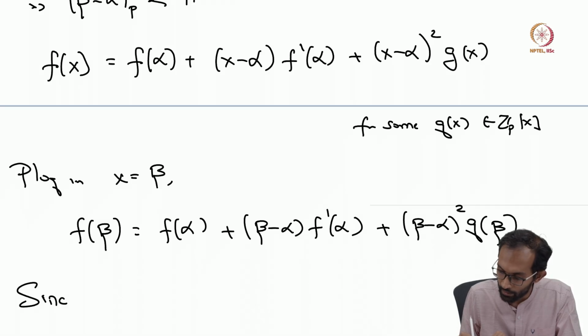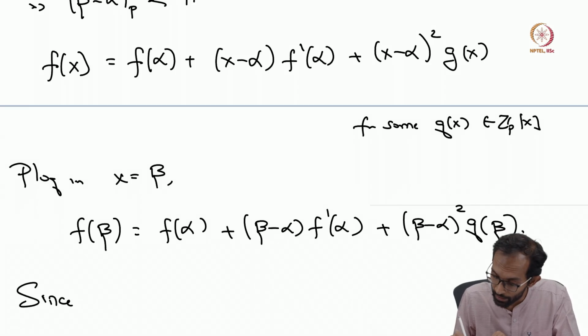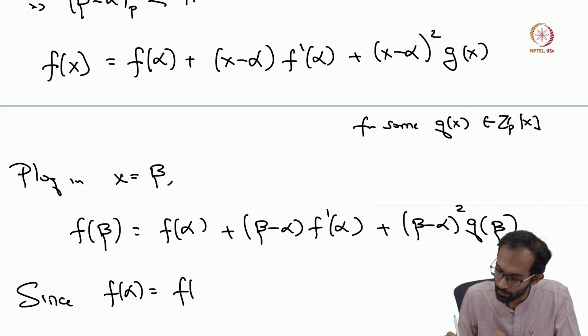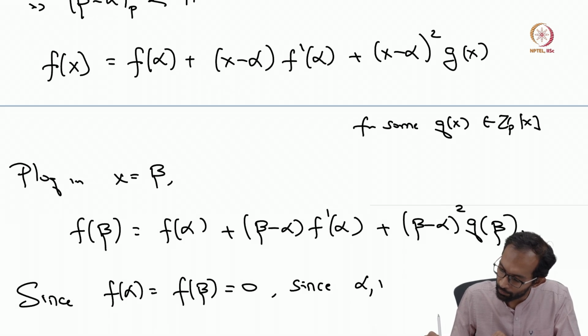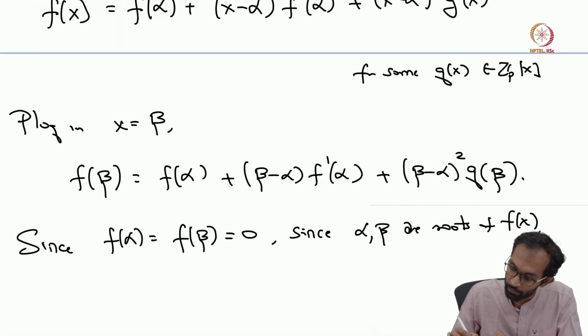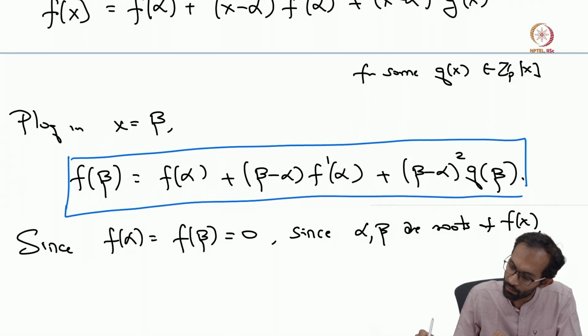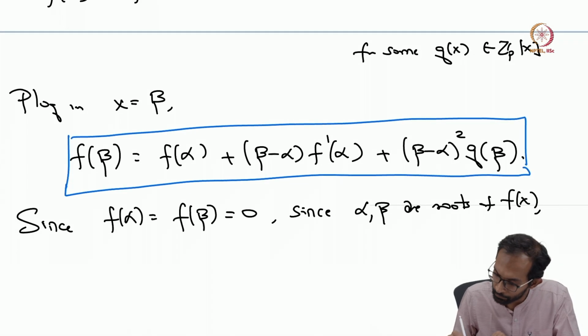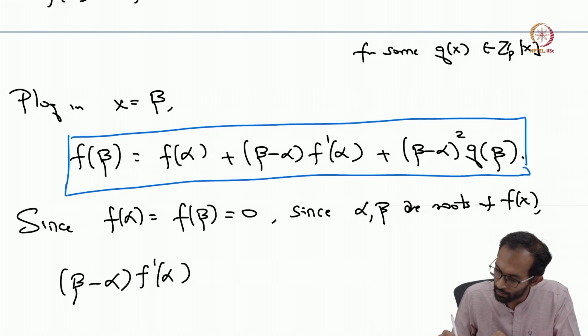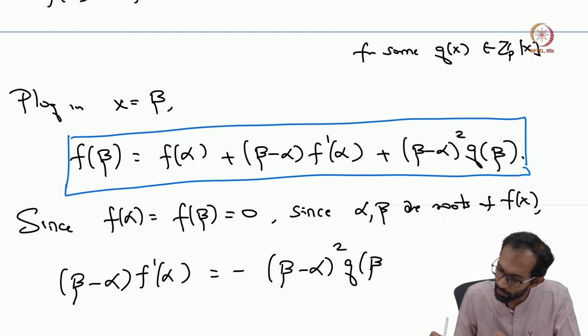And now since alpha and beta are roots of f of x, we have that f of alpha equals f of beta equals 0. And so if you simplify this expression above, what do we get? We get that f prime of alpha times beta minus alpha equals minus beta minus alpha squared times g of beta.